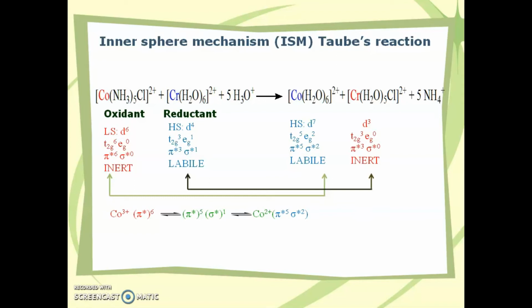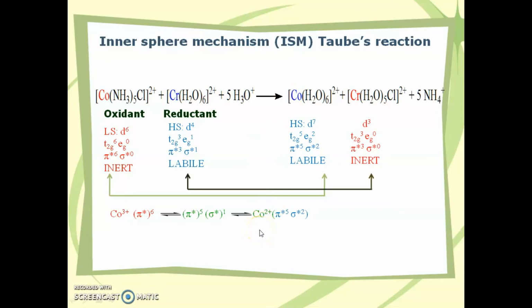Previously in the OSM also we have seen one example where there is an inert to labile and labile to inert nature of the complexes, and we saw that the reaction rate was very slow and it was occurring through the outer sphere mechanism. But here we are going to observe that this is an inner sphere mechanism.